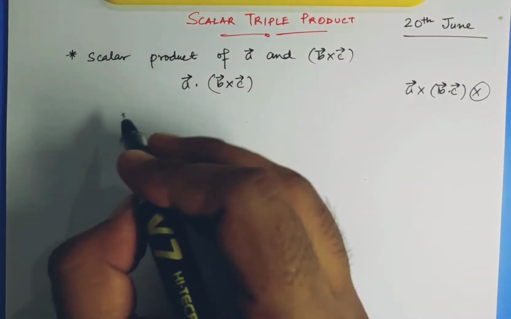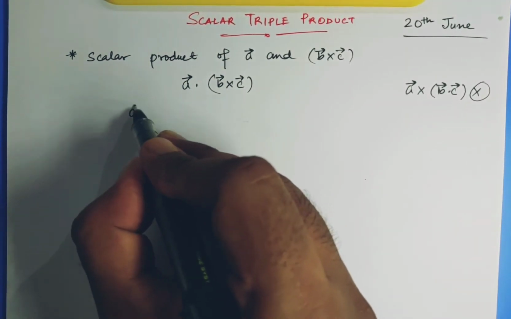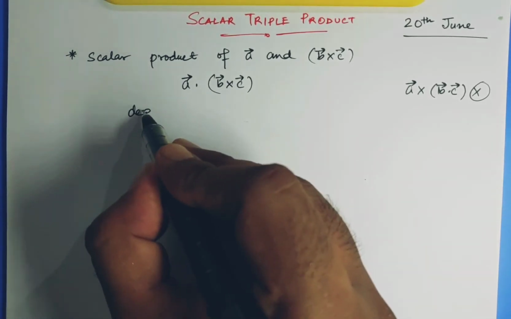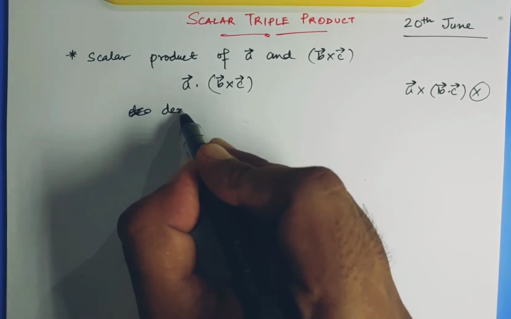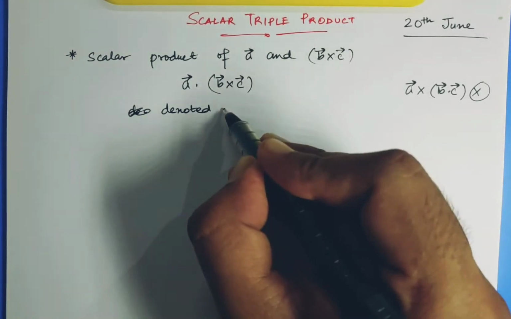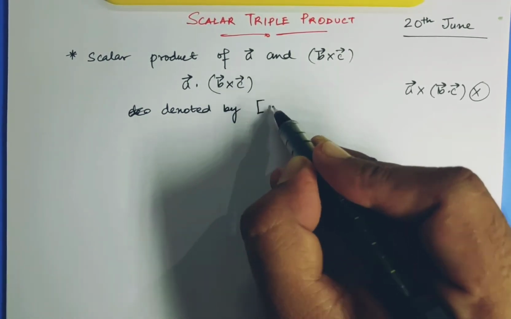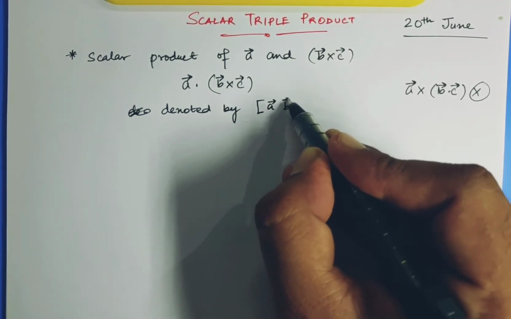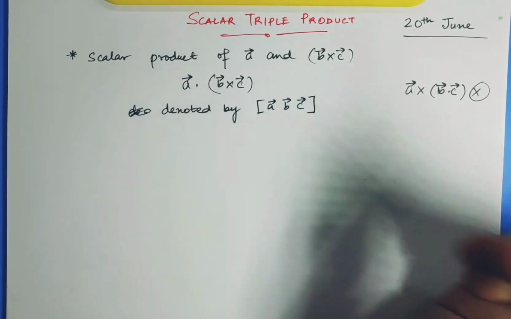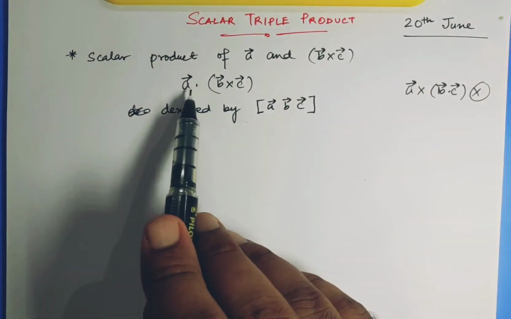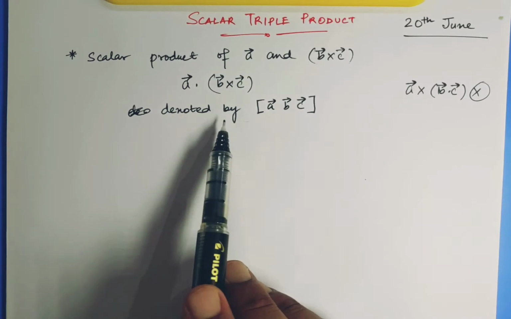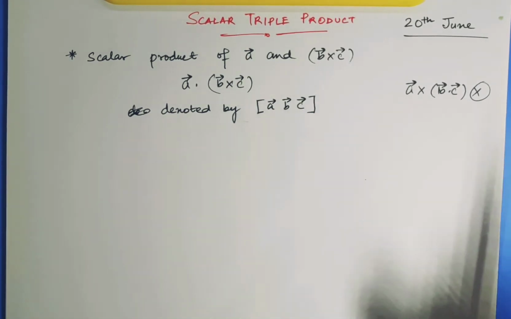Okay. Now it is denoted by A, B, C. Look, the order has to be maintained. A, B, C. So it is denoted by A, B, C. Understood?